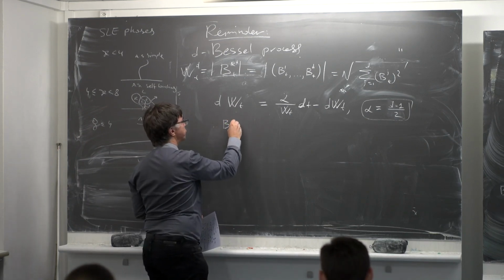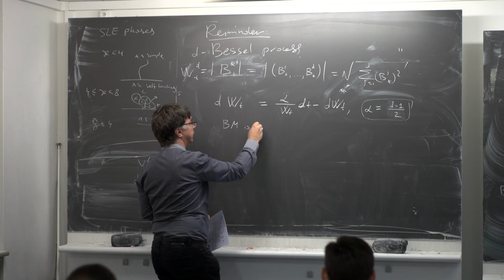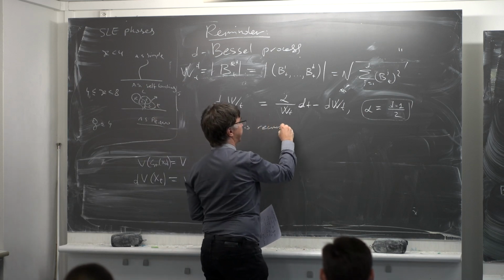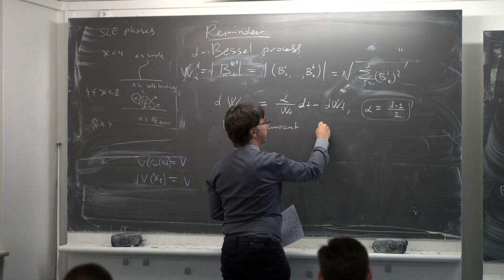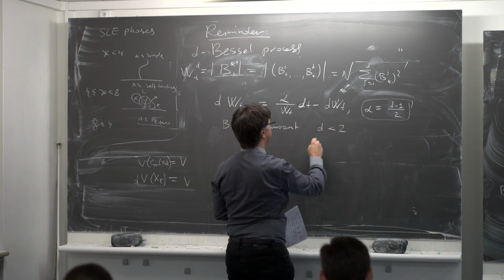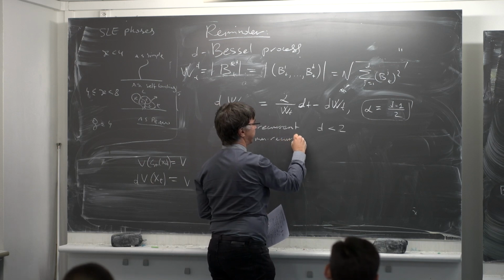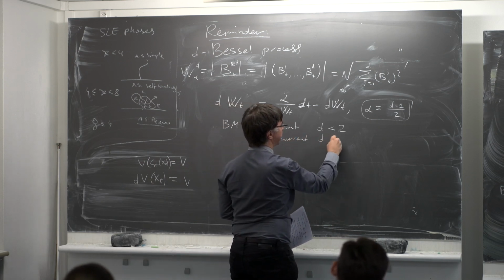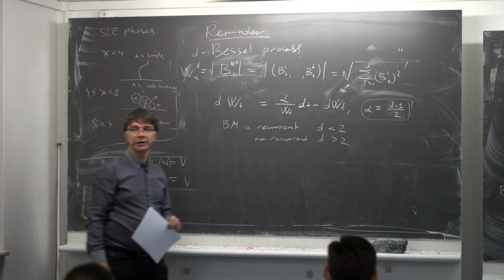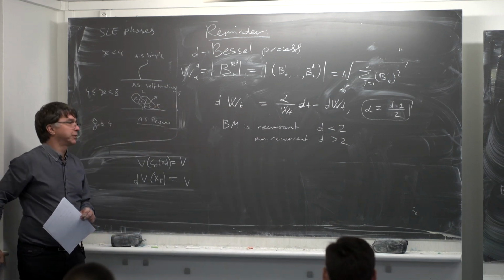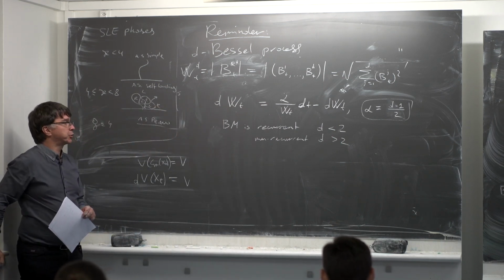Brownian motion is recurrent for dimension smaller than 2 and non-recurrent for dimension bigger than 2. For dimension equal to 2, it's a more subtle behavior.